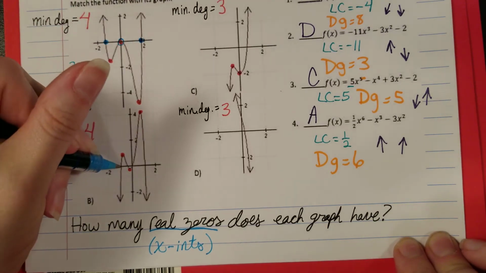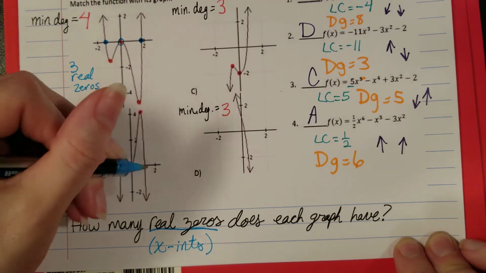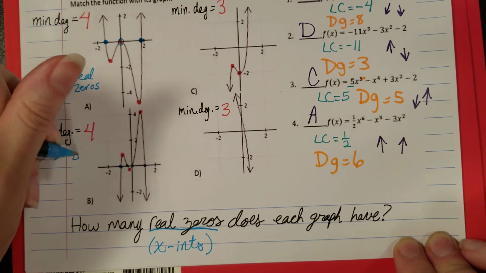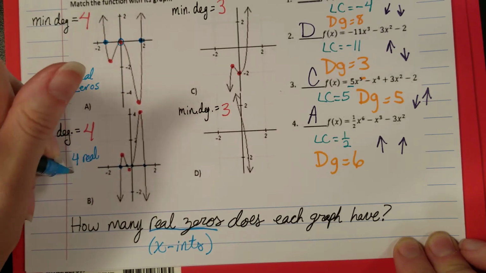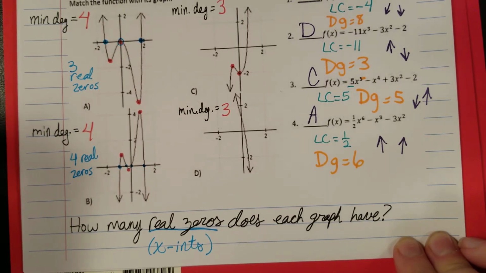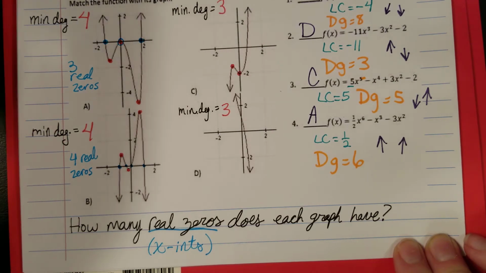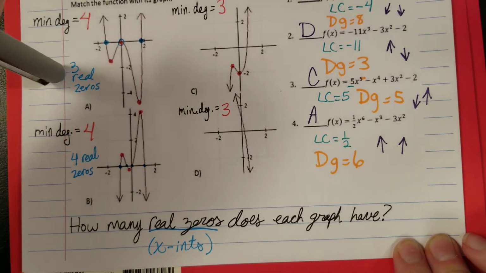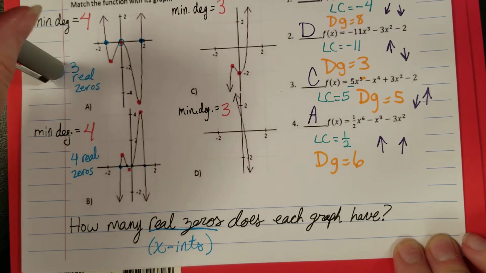Graph B has 1, 2, 3, 4. 4 real zeros. And that also can help you figure out the degree. So however many real zeros, the degree has to be higher than that also.